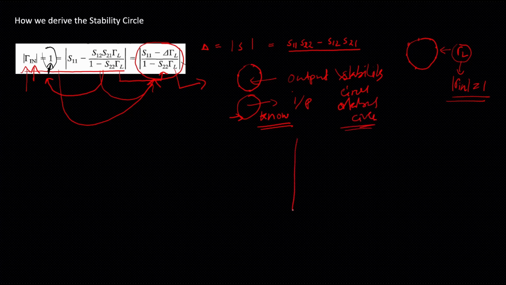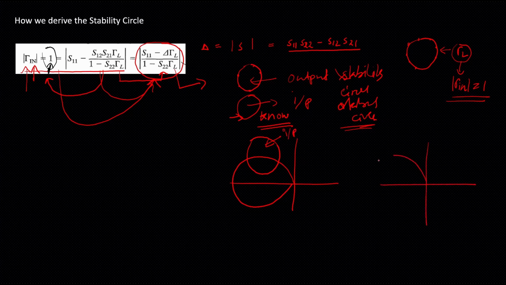Now see one thing, this is your Smith chart, and we assume that we know the center and the radius of our circle. This is your input stability circle, and this is your output stability circle.